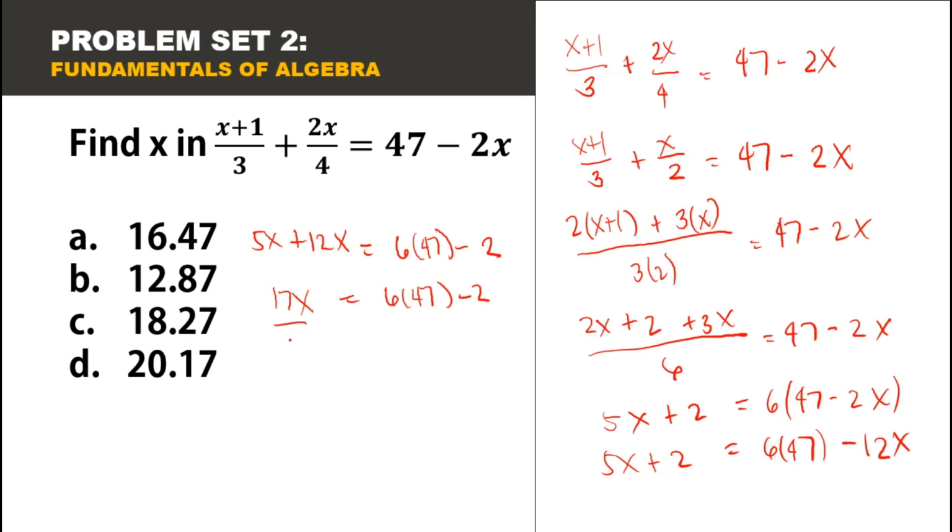So we can divide 17 to both sides. So we have x as 6 times 47 minus 2 all over 17. You can use our calculator.